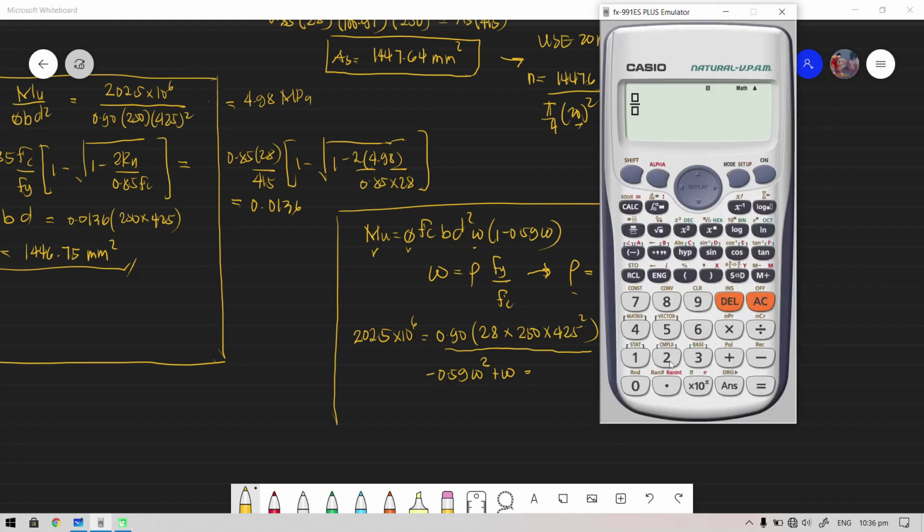So, we have 202.5 multiplied by 10 raised to 6 over 0.9 multiplied by 28 multiplied by 250 multiplied by 425 squared.